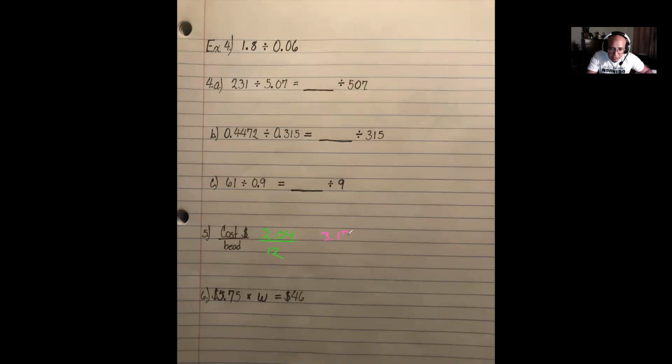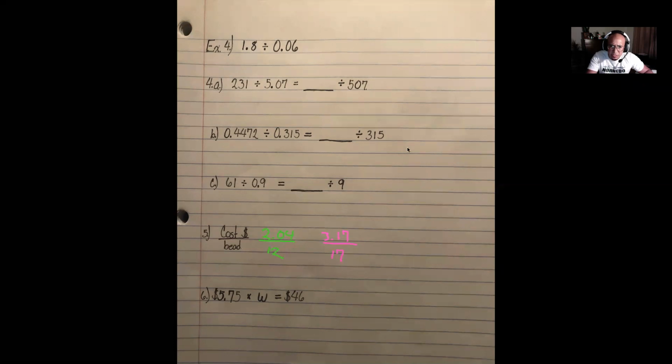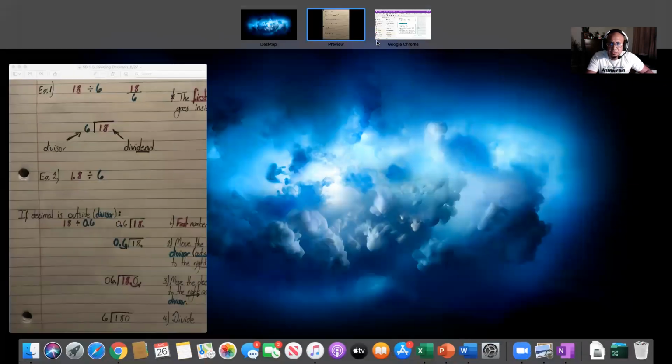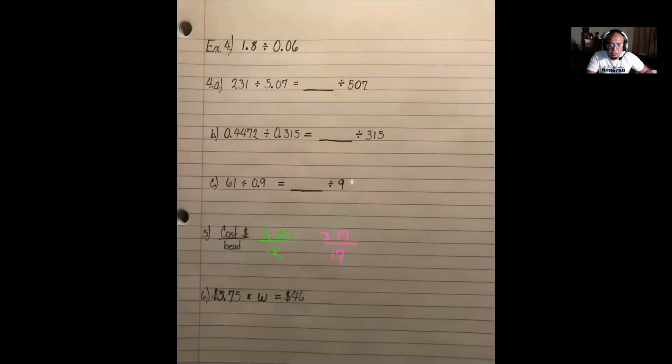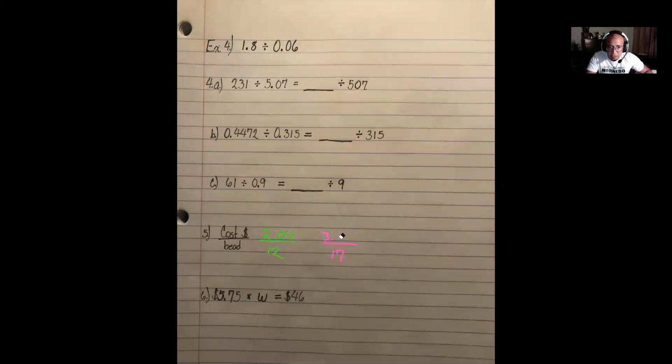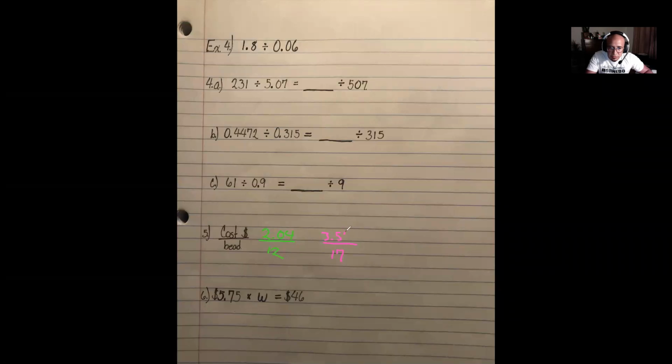Let me double check, make sure my numbers are correct. $3.57 for 17 beads. So let me change that. $3.57, 57 cents for 17 beads.